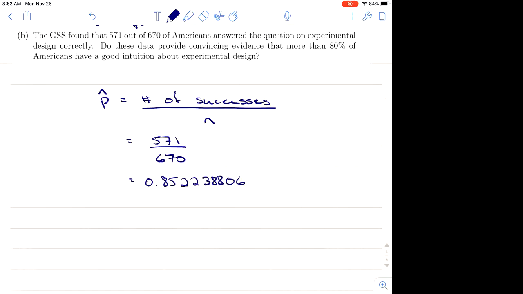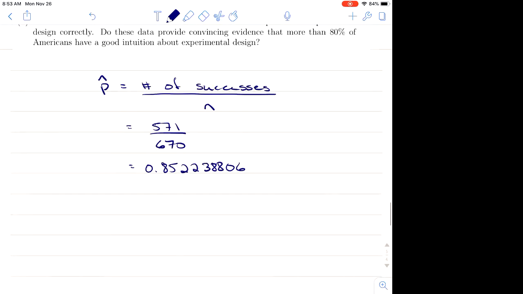Ideally, you would just keep this whole number in your calculator, right? So you're going to use that store function and just use it. If you must round, then keep around 4 decimal places.